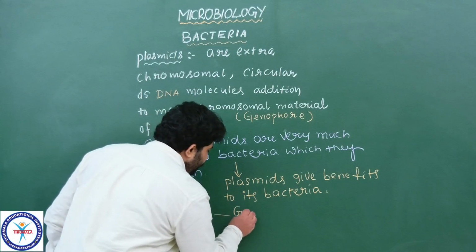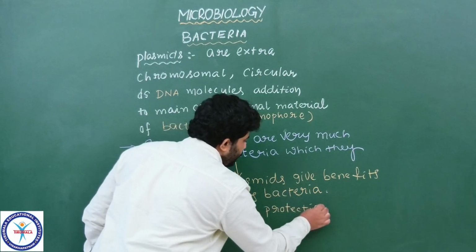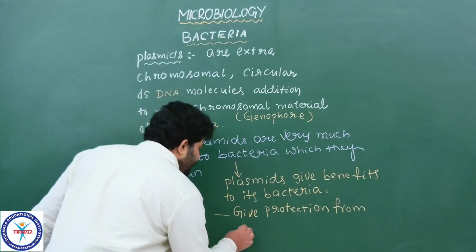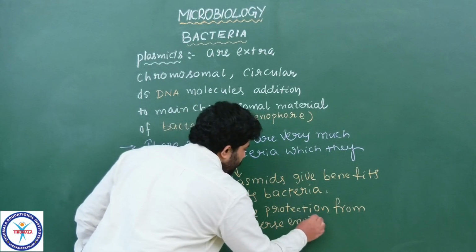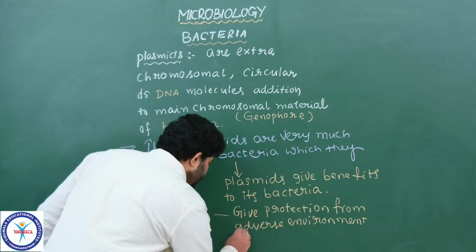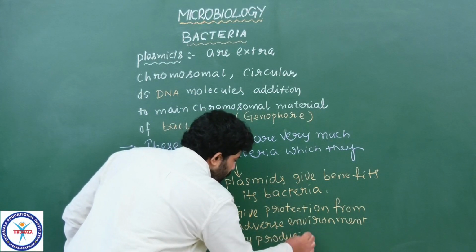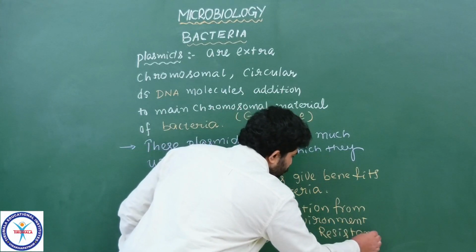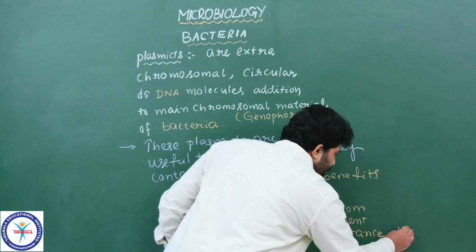These plasmids give protection from the adverse environment by producing resistance to adverse conditions, and also by producing some toxins.